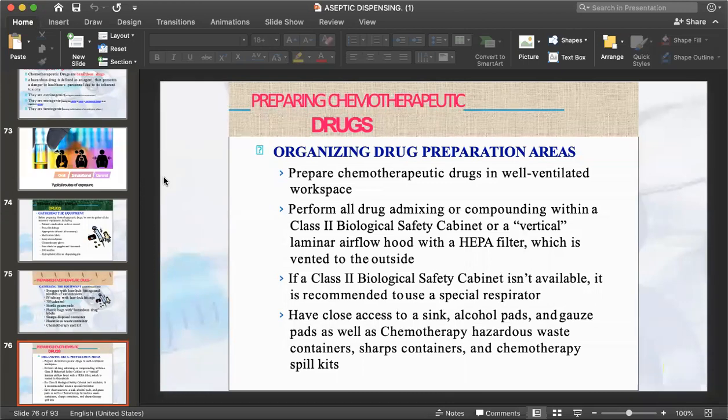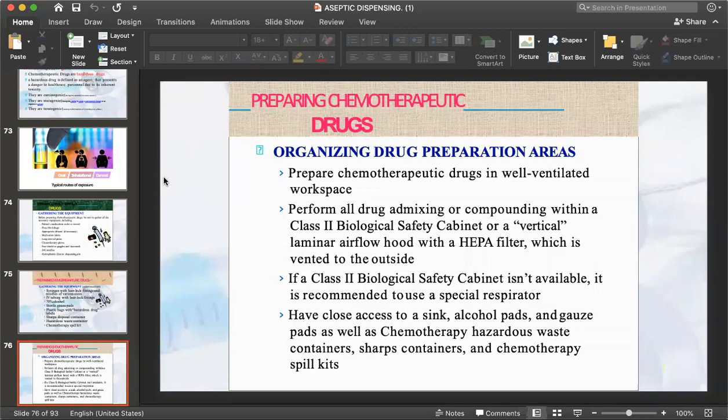So you need a safety cabinet in which to reconstitute, or a vertical laminar airflow hood with a HEPA filter which is vented to the outside so that the hazardous fumes can go out. If a class 2 safety cabinet isn't available, it is recommended to use a special respirator.